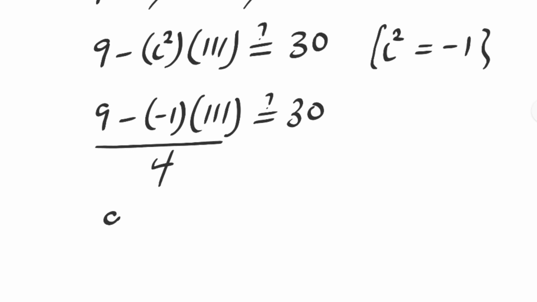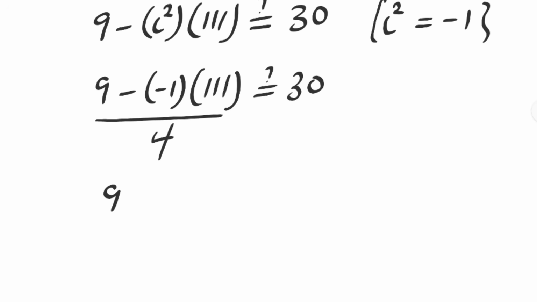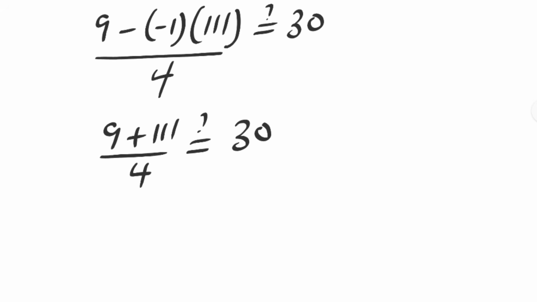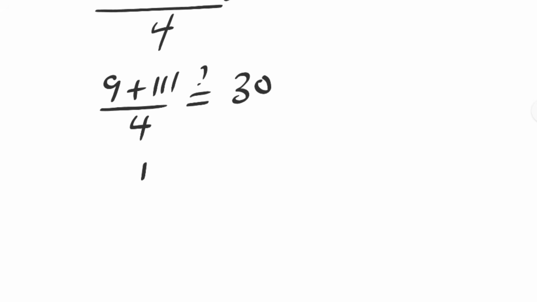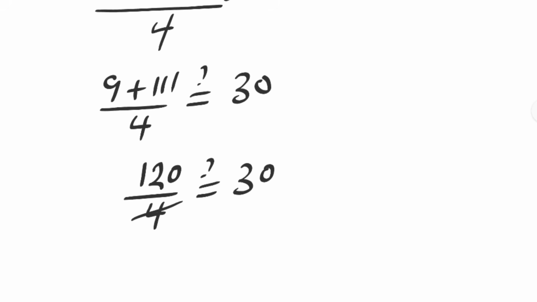Then this is 9 minus times minus 1, that is plus 1, times 111, that is plus 111 over 4 must be equal to 30. 9 plus 111, that is 120 over 4, must be equal to 30. Therefore, the left hand side, 30, is equal to the right hand side, 30, which is true.